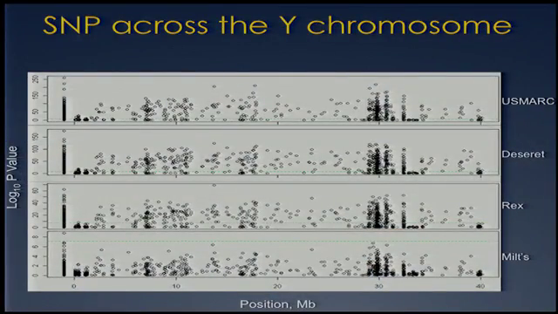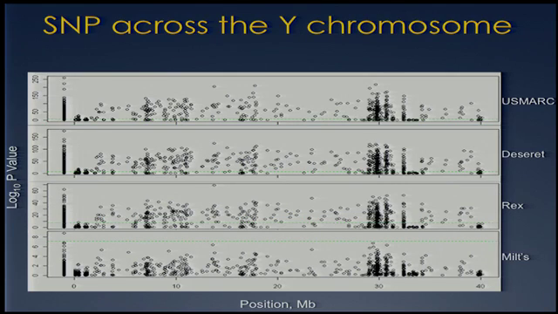So this is just a figure. There's one graph for each of the populations. The first is the MARC, the Deseret, the Rex, and these are Milt samples. And this is just for the Y chromosome. So we have across the entire chromosome along here, and each of these circles is an individual SNP.